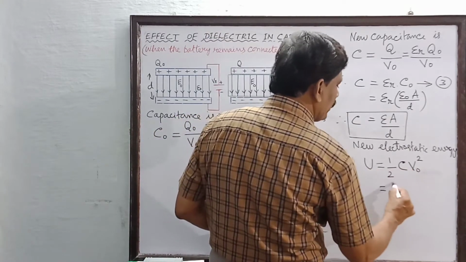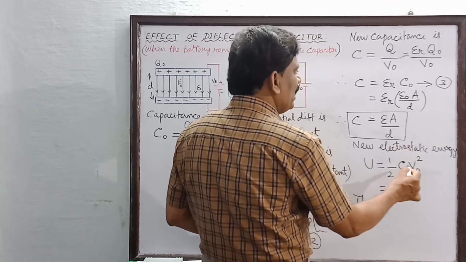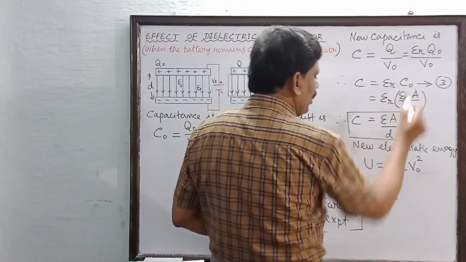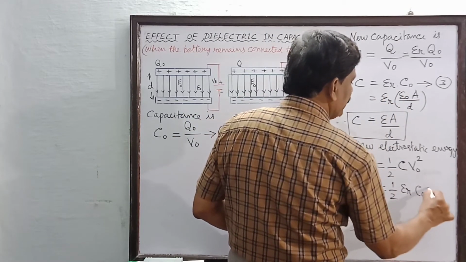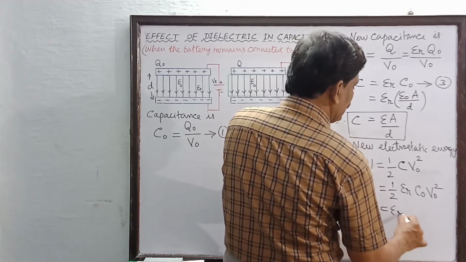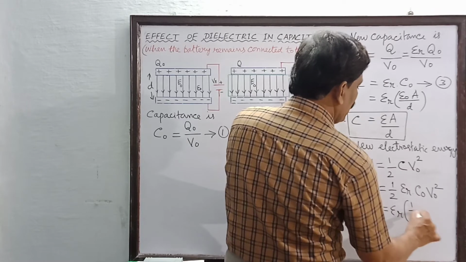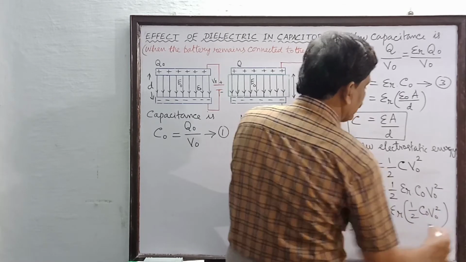So this is equal to half into, instead of C, epsilon R into C naught, into V naught square. So this is equal to epsilon R times half C naught V naught square.